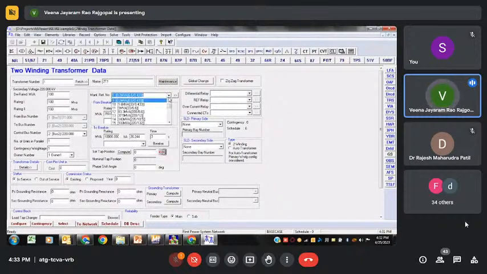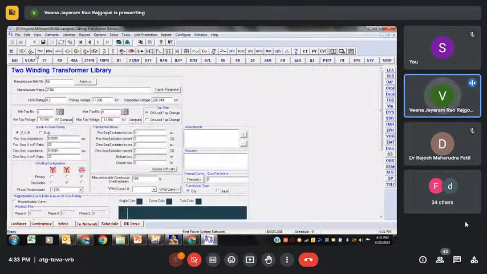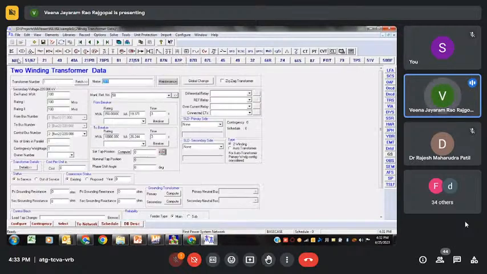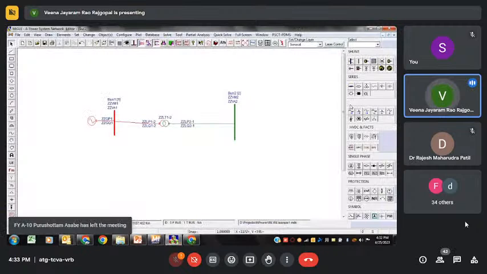I'm just drawing quickly. If you want anything in particular, you can stop me. This is the transformer library. For any equipment, we'll have an element and also the manufacturer details. So I've just added one transformer, and now maybe I'll add a load.